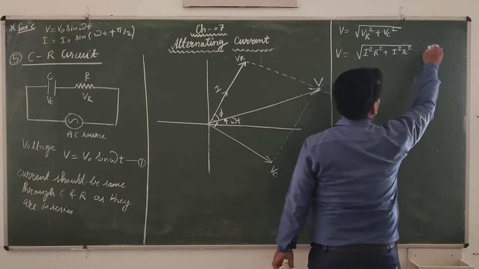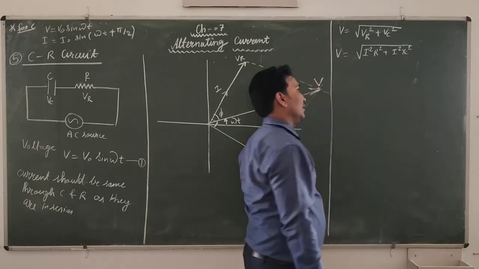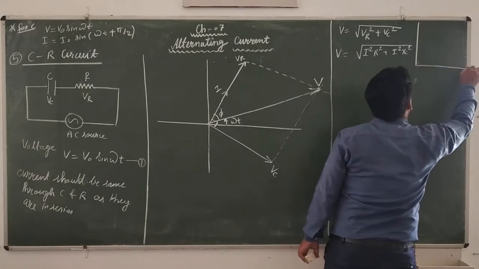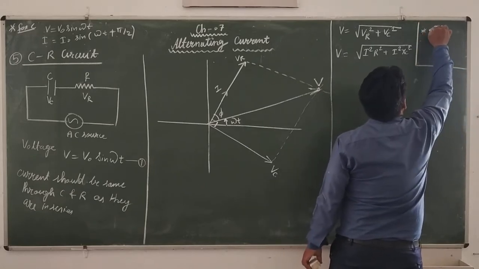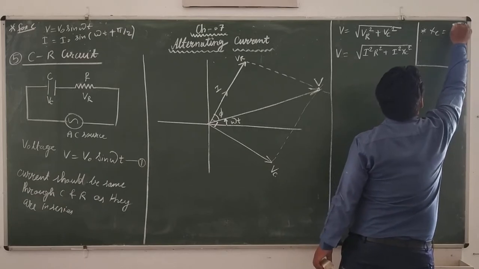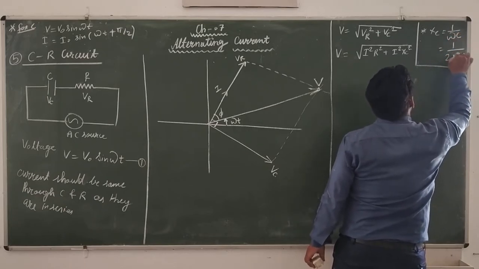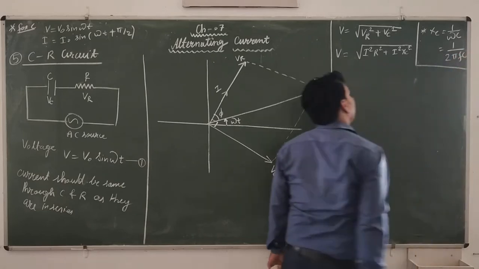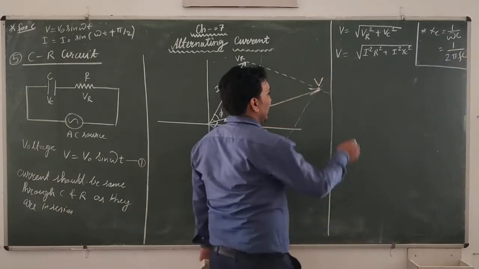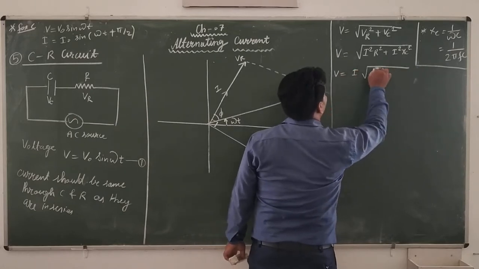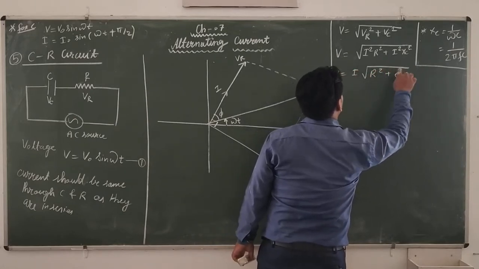XC is the capacitive reactance. Its value is 1 upon omega C, or 1 upon 2 pi f C. Yesterday we have done it. I can be taken as common, so we are going to have I under root R square plus XC square.